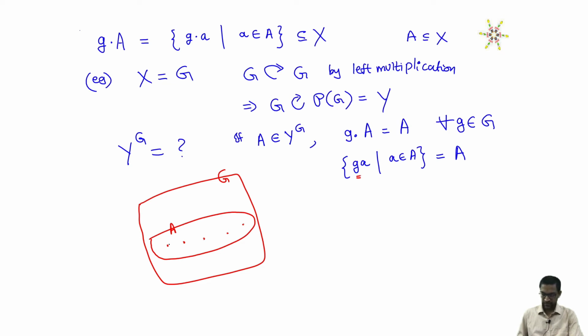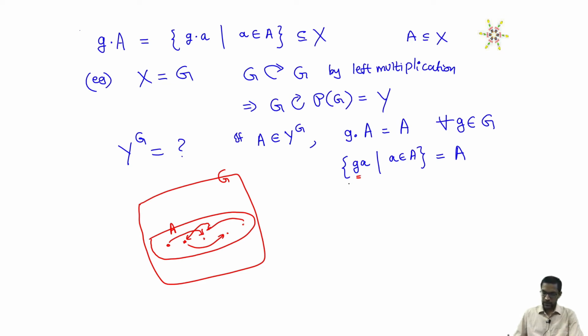Meaning when I hit this dot by an element of G, it could become some other dot, but it doesn't leave the subset A. When I multiply g with elements of A, I just get back elements of A again.